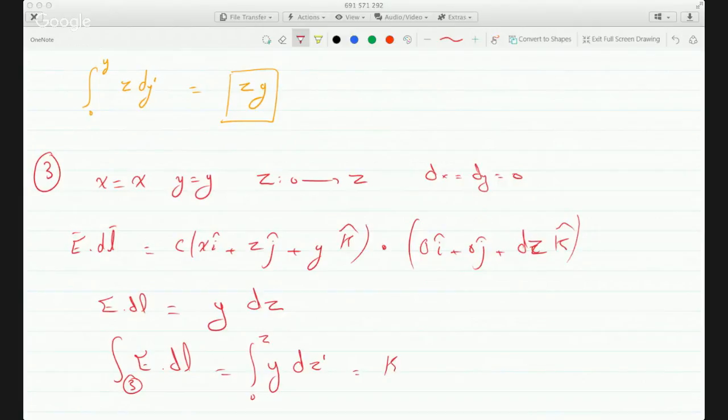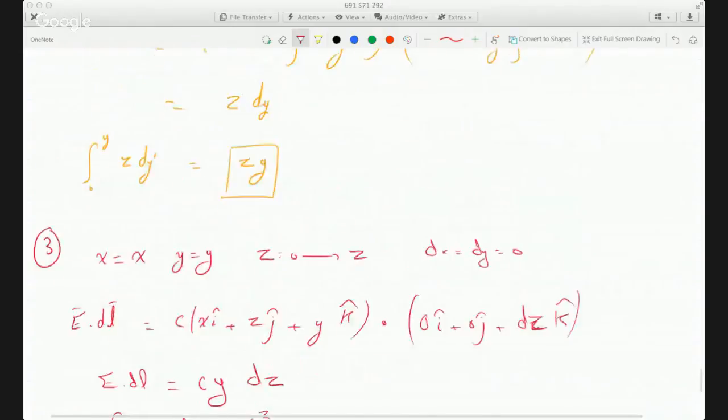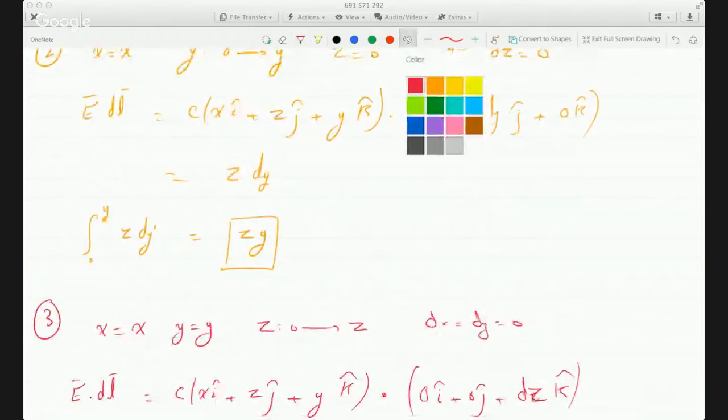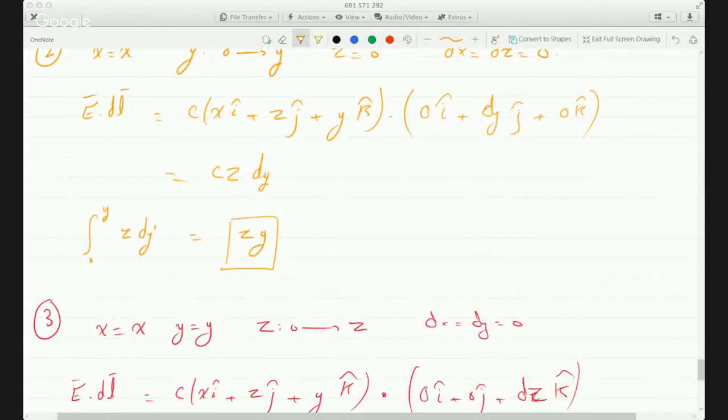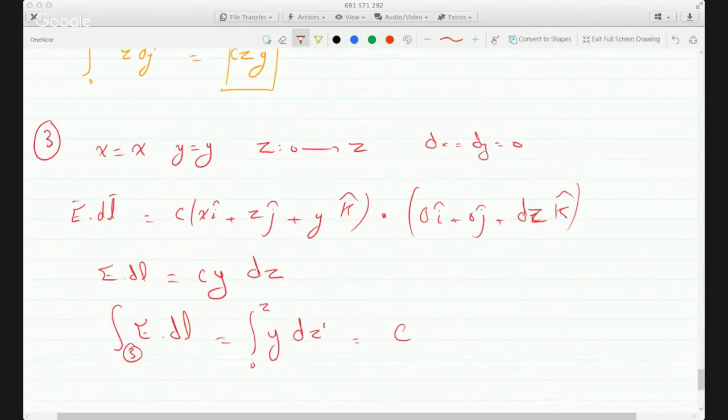Oh no, I forgot the c here, so did I here? There was a c here, so this becomes cyz.